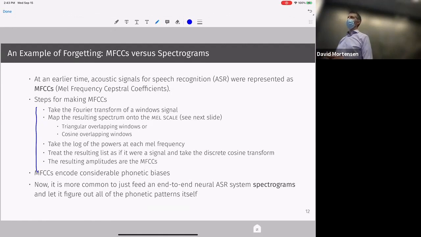So there's this finding about what the frequency response characteristics of humans are, and it uses an approximation of this curve in representing the spectrum.